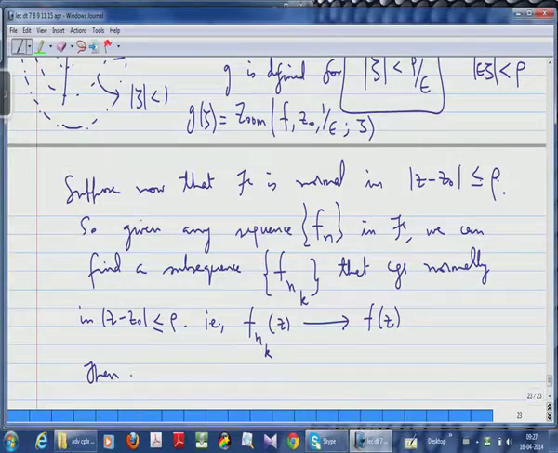We have already seen this: a normal limit of meromorphic functions is either identically infinity or it's also a meromorphic function, it could even be analytic. So either f is identically infinity or f is meromorphic.